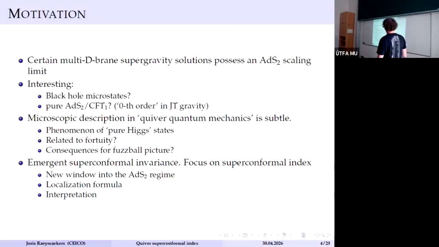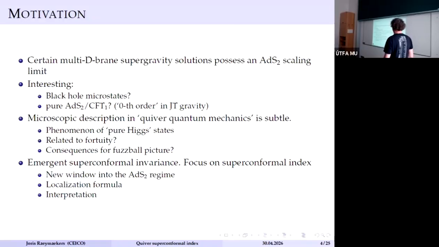These are called pure Higgs states. Recently, there's been a lot of work on fortuitous and monotone states, the fortuitous states being related to black hole microstates. It might be interesting to revisit these quiver quantum mechanics phenomena in light of these new ideas.